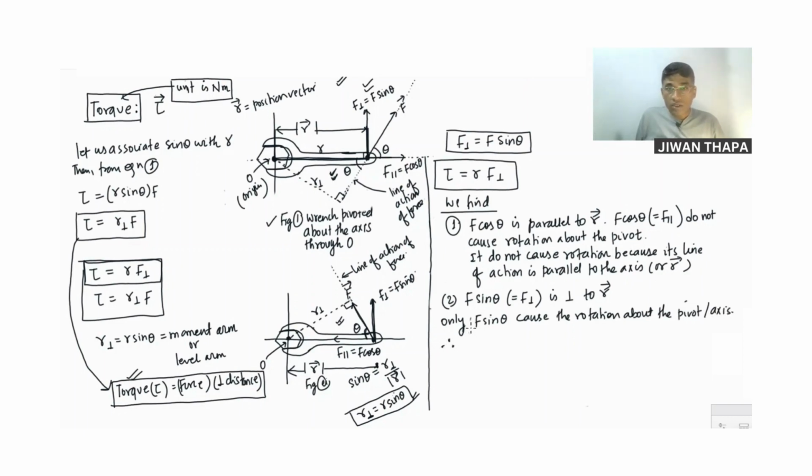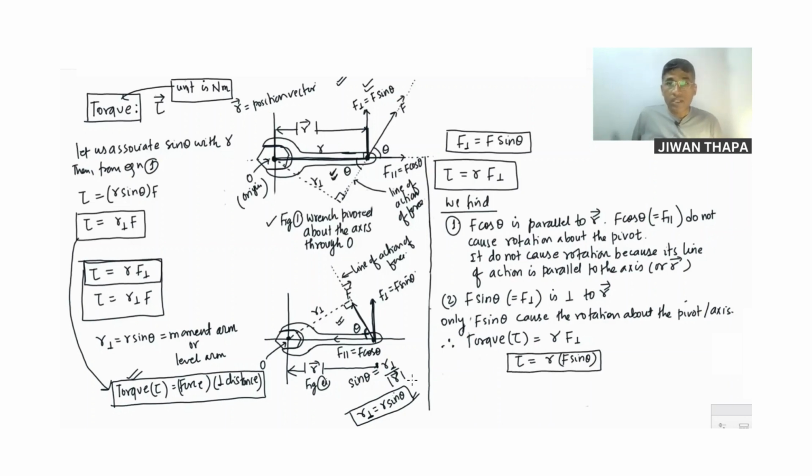Therefore we can write torque tau equals r times the perpendicular component of the force, or torque tau equals r times F sine theta.